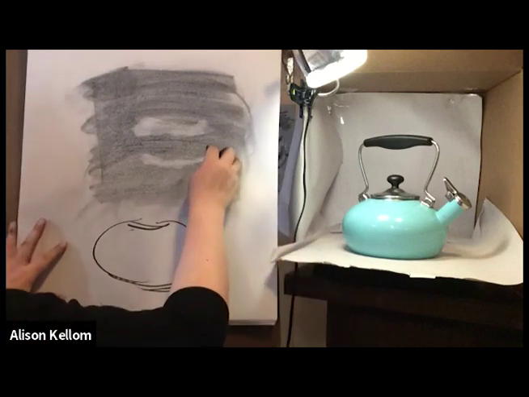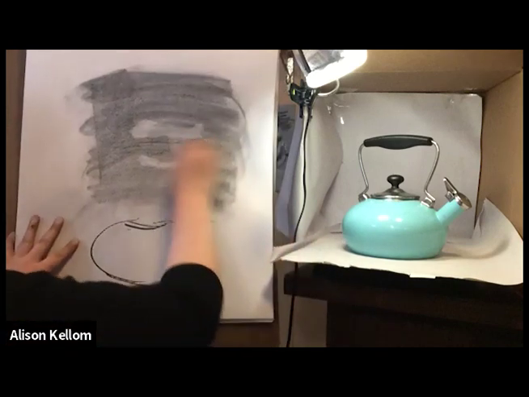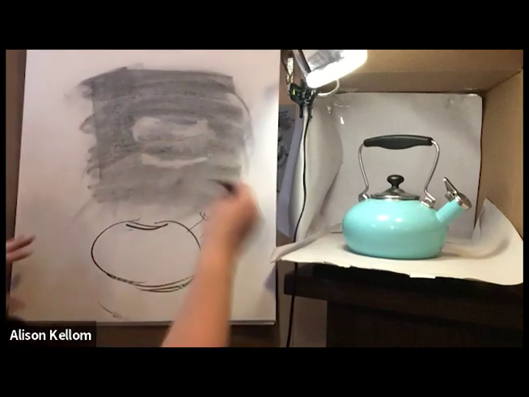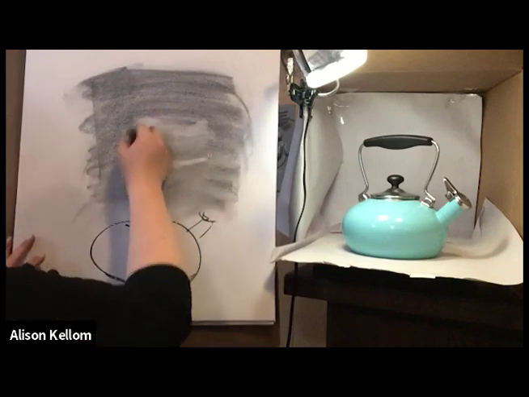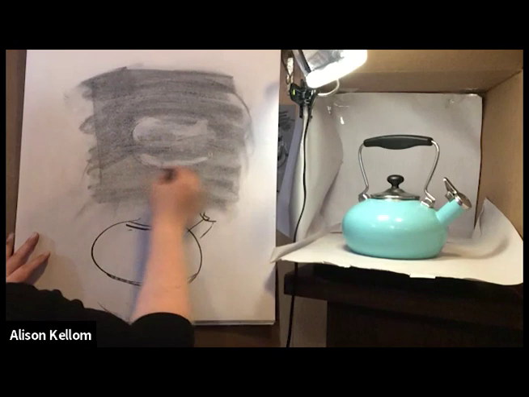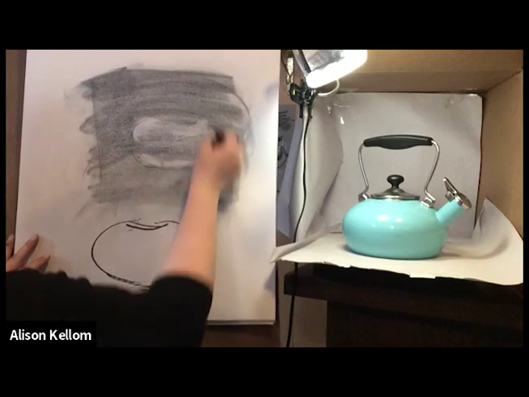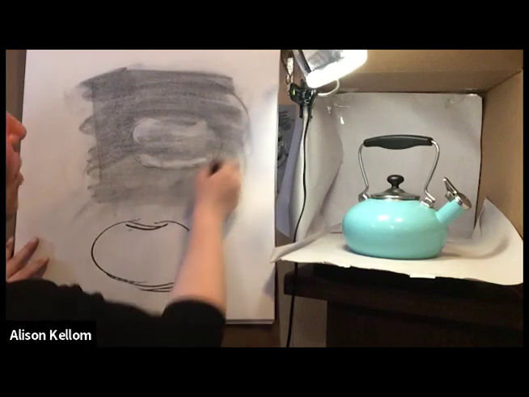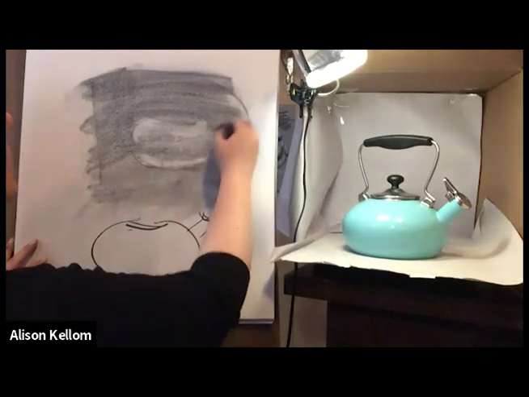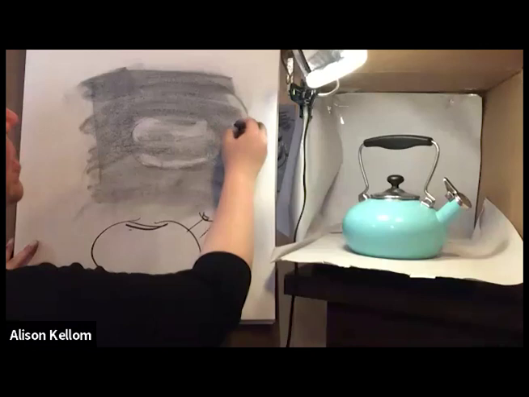So I'm going to keep going. Let's see, where is my tone? And I'm going to do a light outline. As I'm saying, don't do outlines, I'm going to do one. Very light though. It's actually for me to keep me in place. So I will use outlines, but it's almost just notes. I'm just giving myself indications so that I don't lose track and keep my proportions in check.